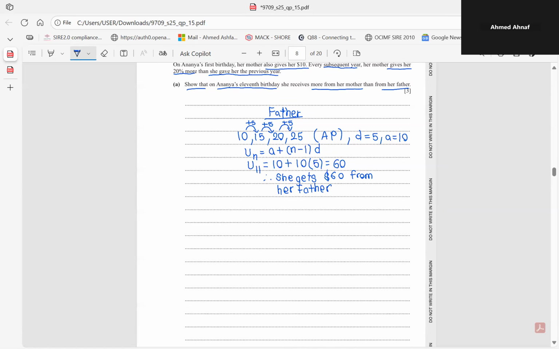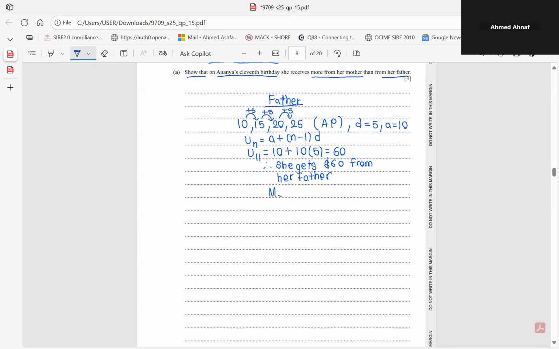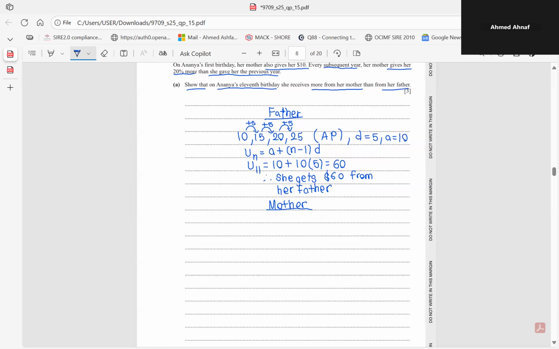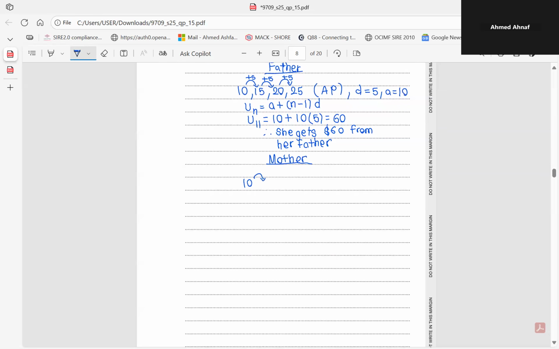Okay, and now let's look at her mother. So let's also try to form a pattern in here. So first she gets $10, and then the next year she'll get 20% more. So that's just 120%. I mean, times 120%. So you don't have to find the term.